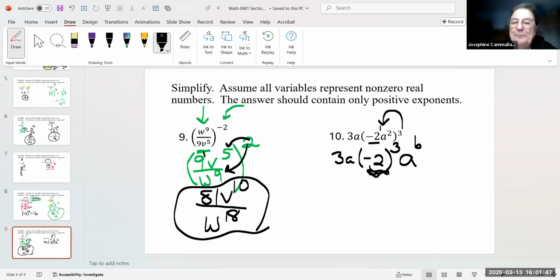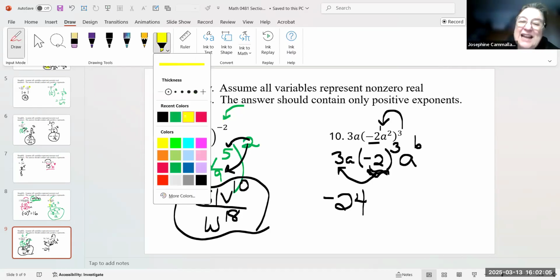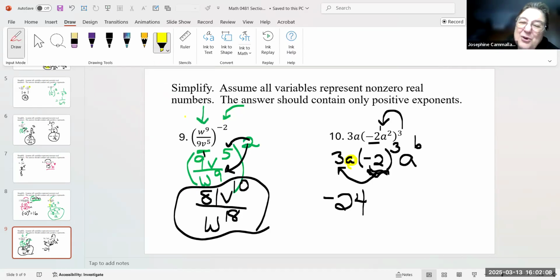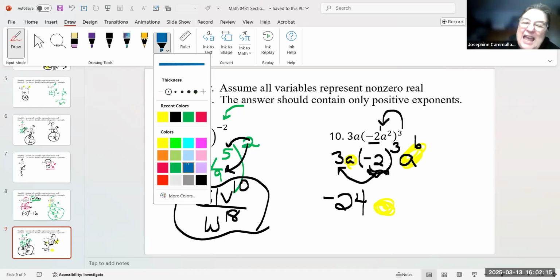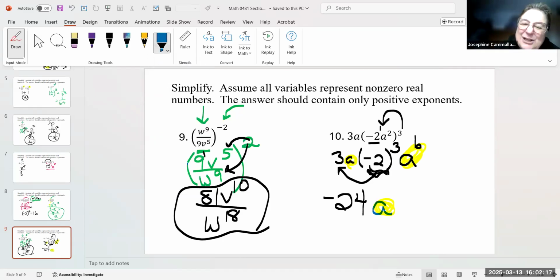But this -2 cubed is a -8. That -8 multiplies by 3 to give me 24. But don't forget, I have an a here, and I have 6 a's here, which means that I am getting a to the 7th back here.